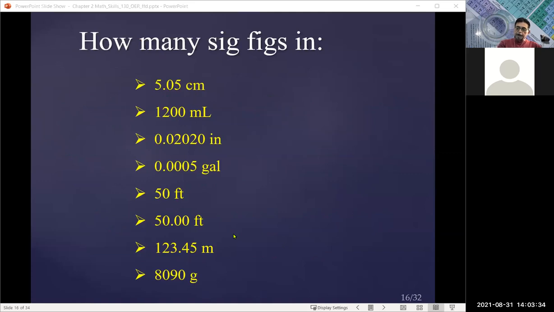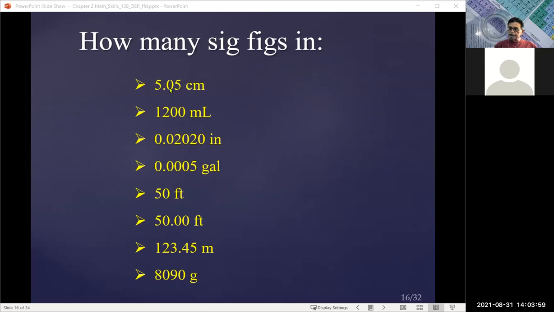But before we do it, let's figure out how many sig figs. Anybody want to take a shot at the first one, 5.05? How many sig figs do we have there? We know that the 5s count because they're 1 through 9. It is 3. And if you forget about that, look at that 0.